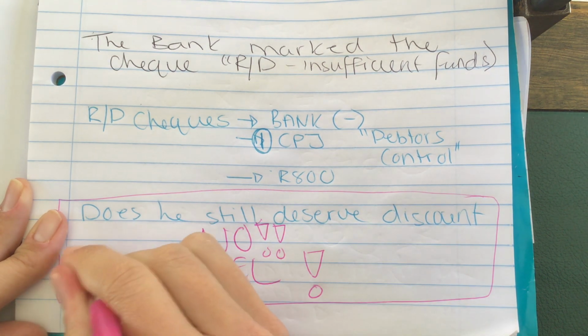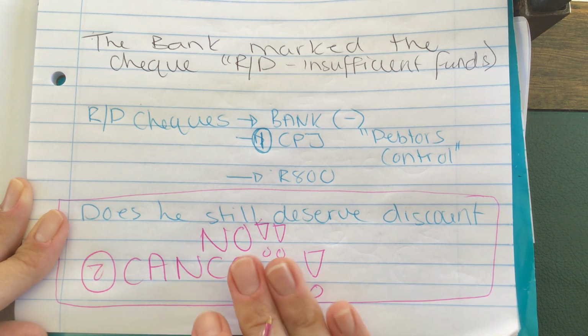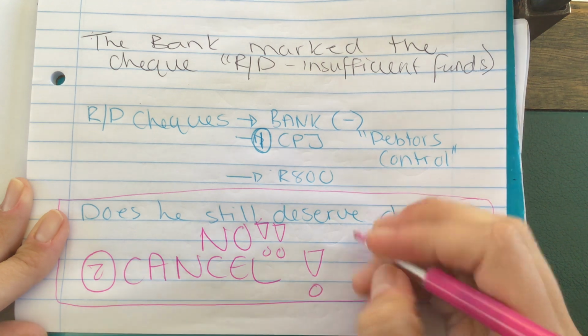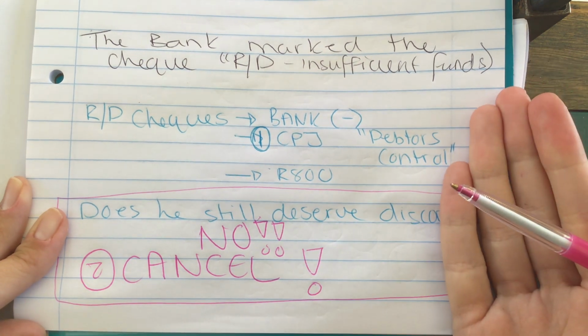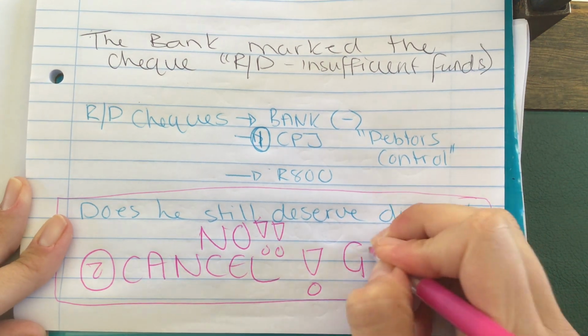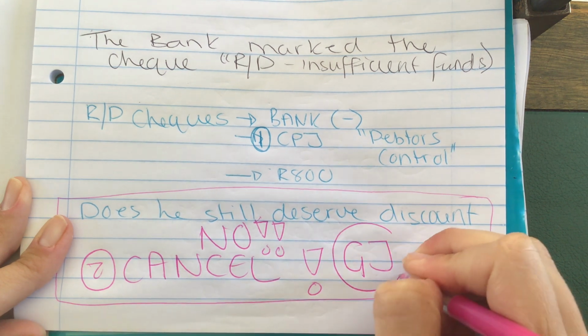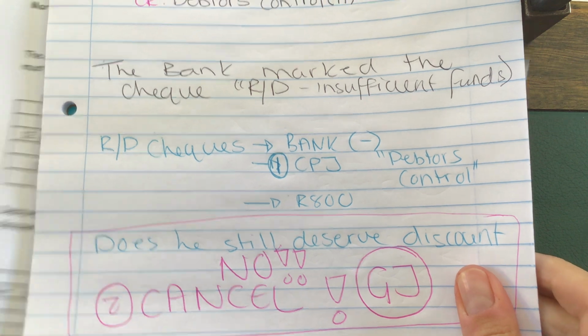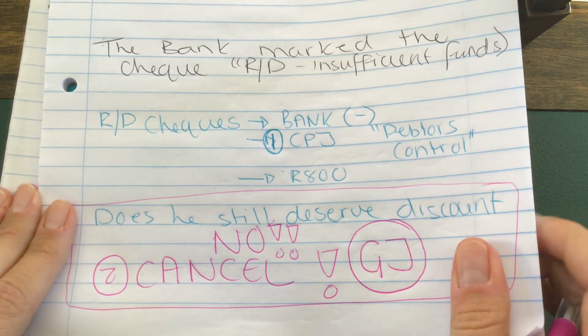And then the second thing that we have to do is cancel that discount. He doesn't deserve it. And where do we cancel discount? Well, because it's such an infrequent transaction, we cancel it in the GJ. Okay, so let's do this transaction then and see how it will work.